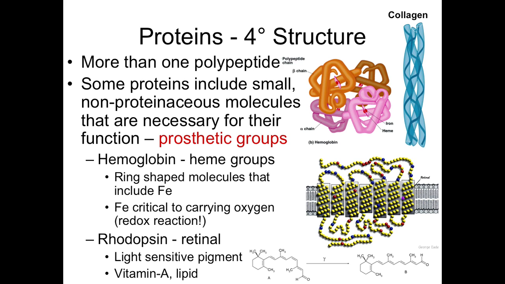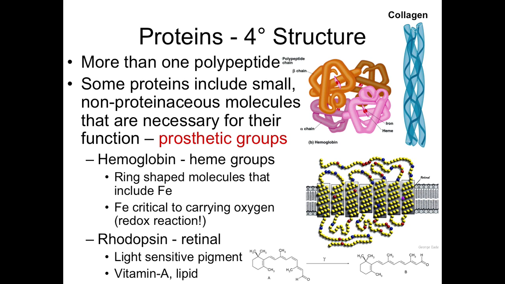One of the ways is by having multiple polypeptides. An example of that is collagen. Collagen consists of these fibrous proteins. They take on an alpha helix configuration, and then three of those alpha helices will wrap up together. So this forms a very strong fibrous protein.